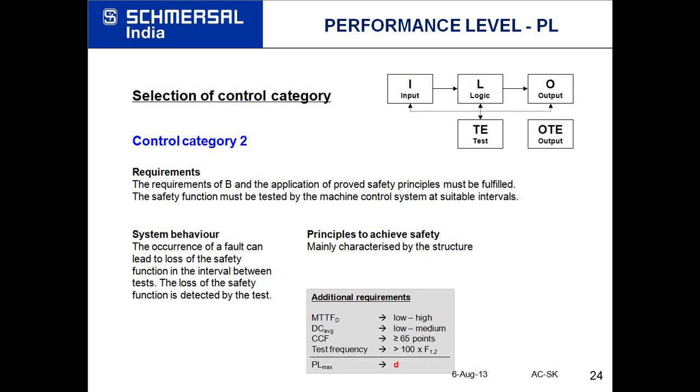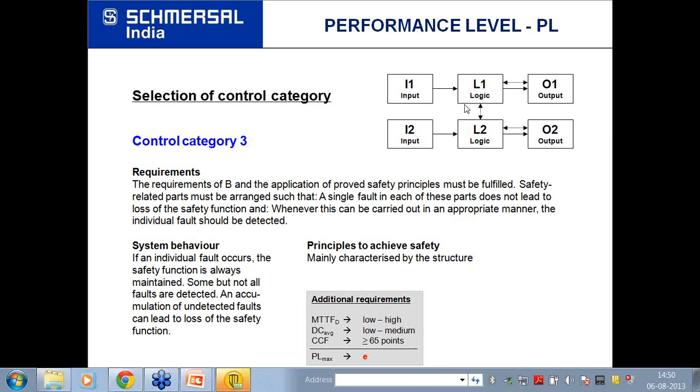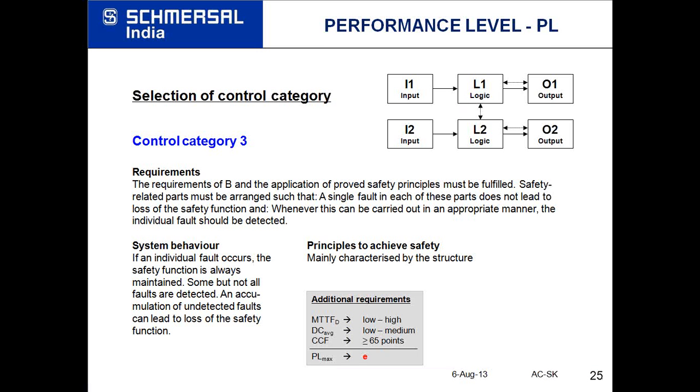Now coming to control category 3. If you see on the top right corner, now we have two parallel lines of input, logic, output. So in the same system, we have two inputs, two logics, and two outputs. Let us understand this. Let us take a very common device like an emergency stop device.